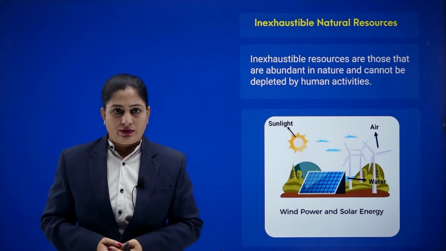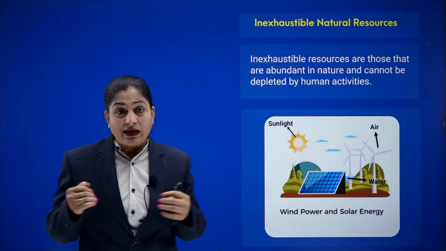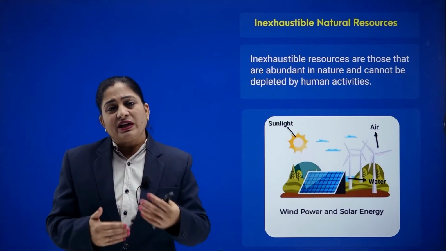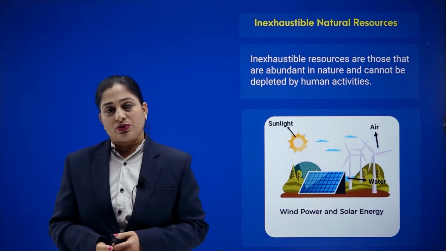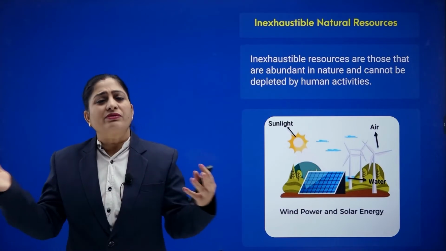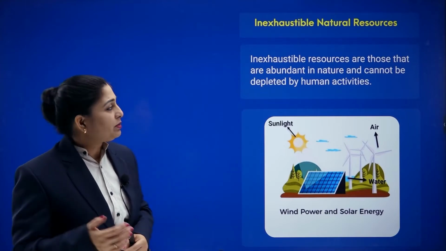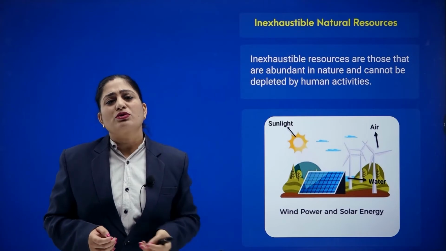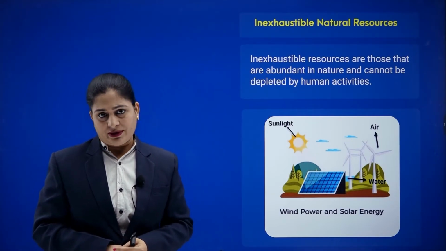So we call them inexhaustible: they are abundant, present in large amounts, and cannot be depleted even if we use them continuously. The depletion is not so easy because an abundant, rich source of these natural resources is available in nature. When we talk about the inexhaustible, we know that sunlight is the ultimate source of energy and it will be available throughout for millions and millions of years.